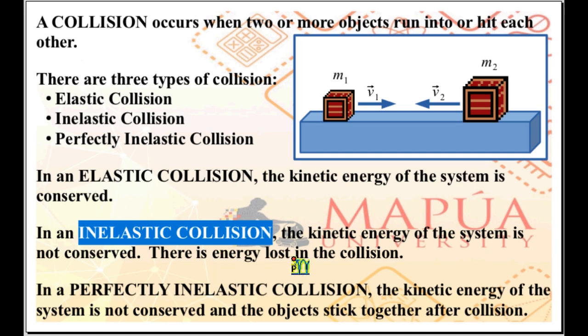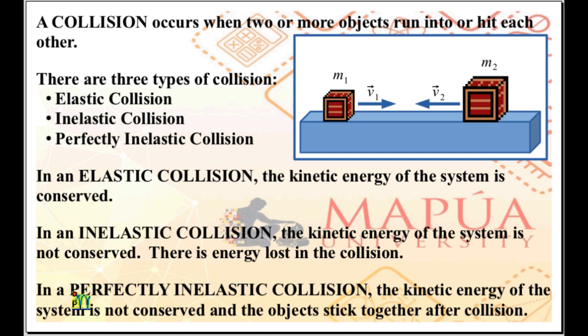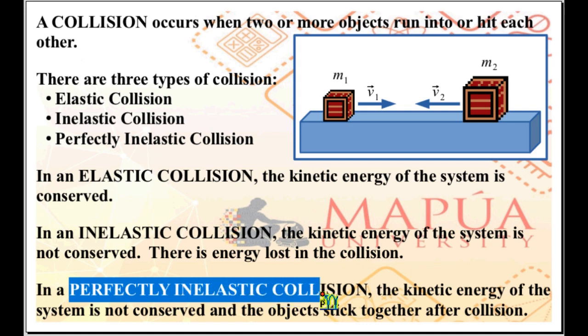There is energy loss. This energy loss is maximum in perfectly inelastic collision. The kinetic energy of the system is not conserved. There is energy loss such that the objects stick together after the collision.